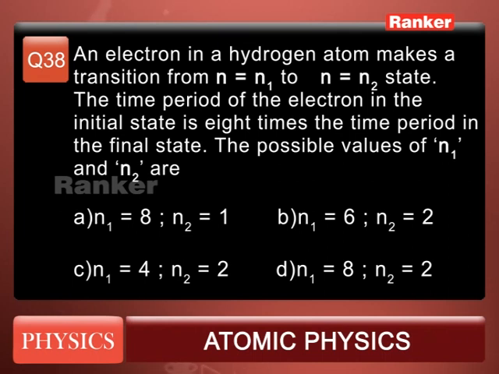The possible values of n1 and n2 are, respectively, he is asking. What are the 4 options mentioned? First option, n1 is 8 and n2 is 1. Second option, n1 is 6 and n2 is 2. Third option, n1 is 4 and n2 is 2. And fourth option, n1 is 8 and n2 is 2.